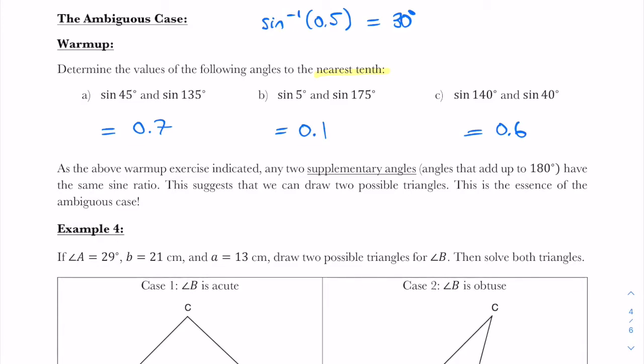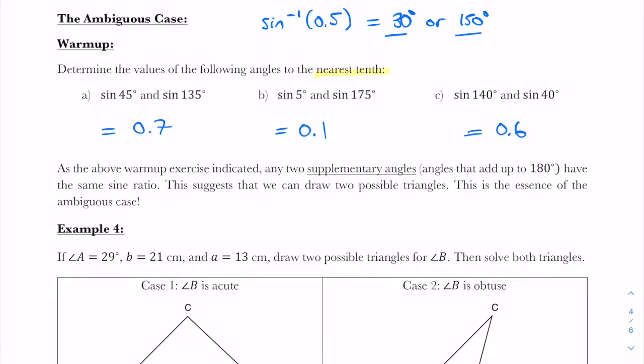But take the sine of 150 degrees and see what you get. Sure enough, it's also 0.5. So when you do the sine inverse of 0.5, you could get either 30 degrees or possibly 150 degrees. And you may remember we saw this with the CAST rule as well. So for example, in this case, the angle could lie in quadrant 1 or quadrant 2.